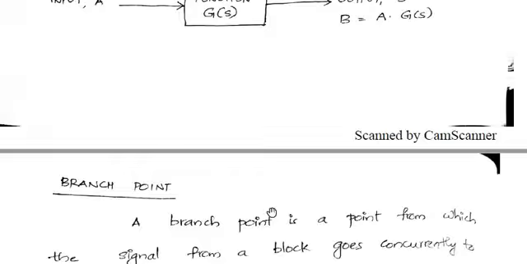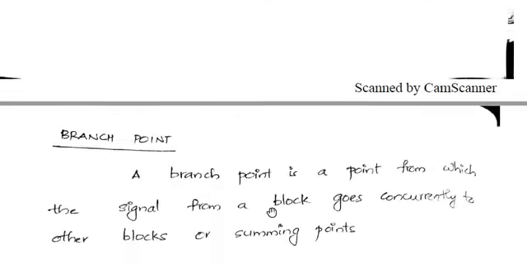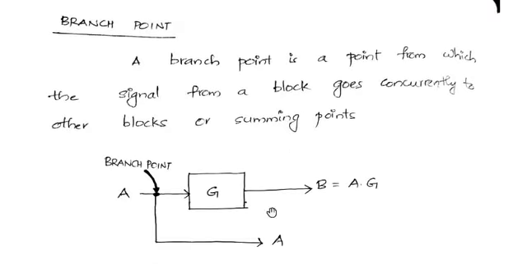Then we may be having branch points in the given system. Branch point means it's a point from where we are taking the signal and we are providing it to some other branches. So that's a branch point. If you look at this particular diagram, you can see a branch point over here.